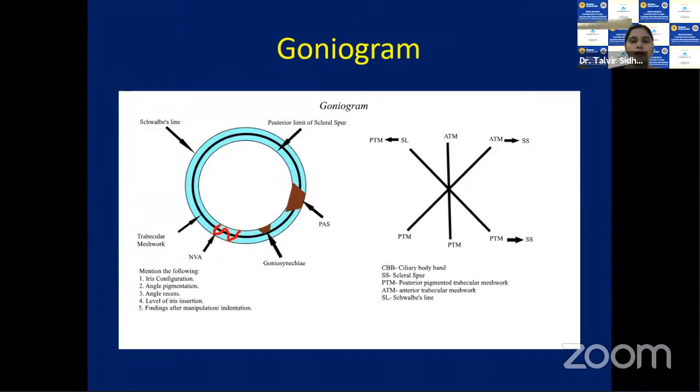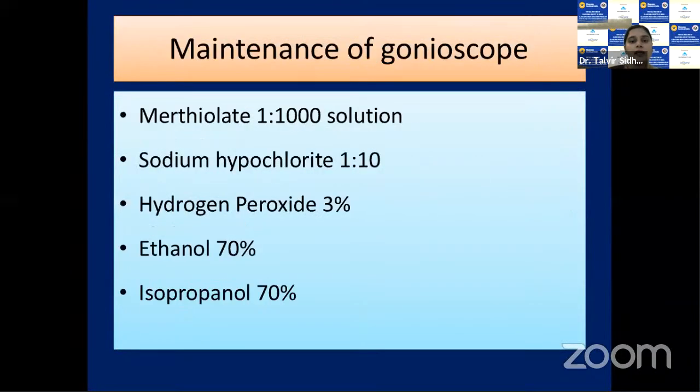You should note your findings in a goniogram, and it is very important that you sterilize your gonioscopes. It can be done by soaking in merthiolate solution or sodium hypochlorite, or by using hydrogen peroxide, or even isopropanol 70%. But with regular use of alcohol, the coating of the lenses usually starts diminishing. So that's very important.